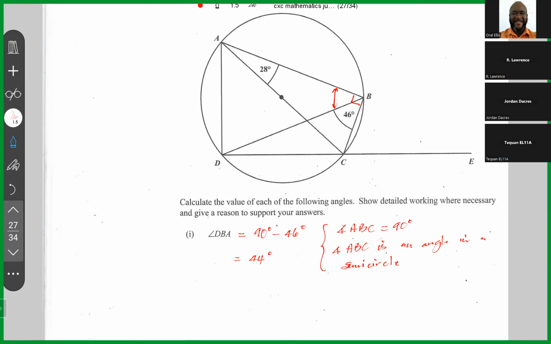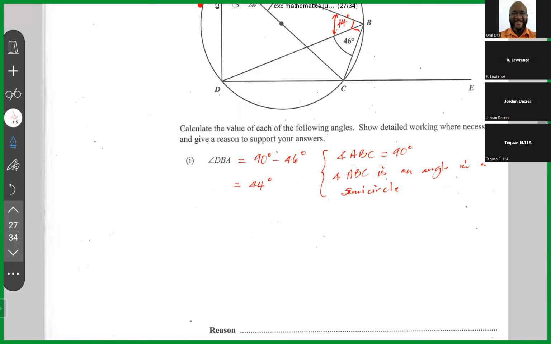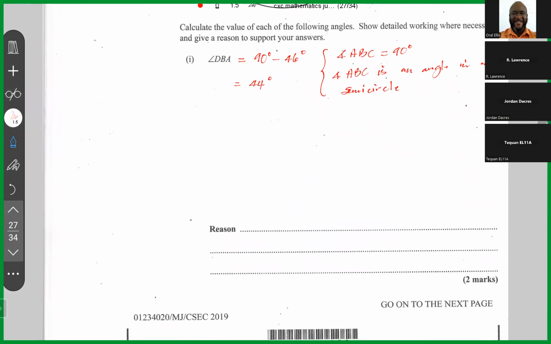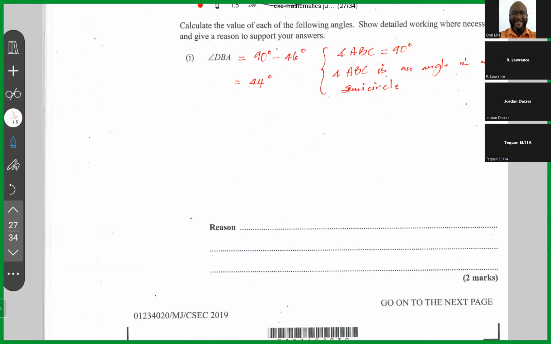The angle in a semicircle, which is angle ABC, is equal to 90 degrees. So if ABC is 90 degrees and part of it is 46, the other part must be 44. Angle DBA is 44 degrees. So this angle here is 44 degrees. Next, the reason that I just wrote up there on the right, after the bracket, you could put the reason in this space here.